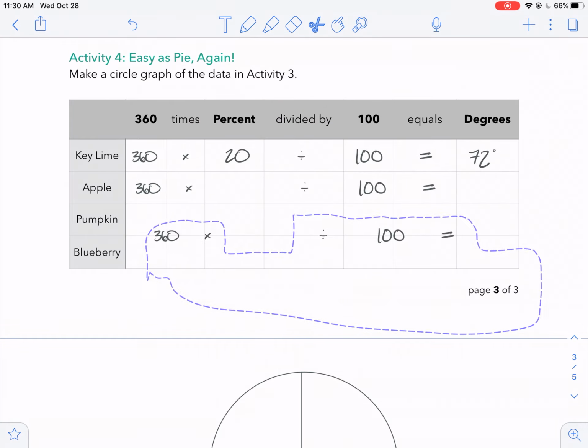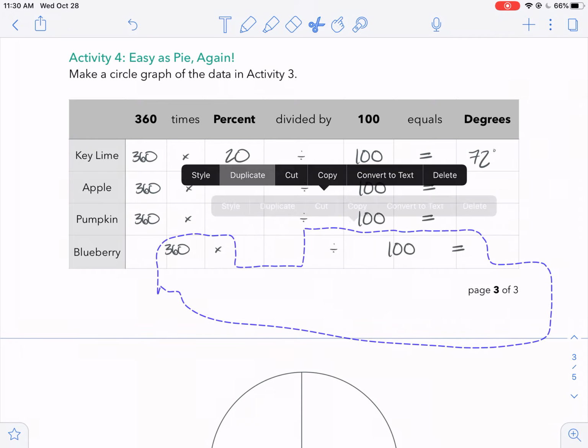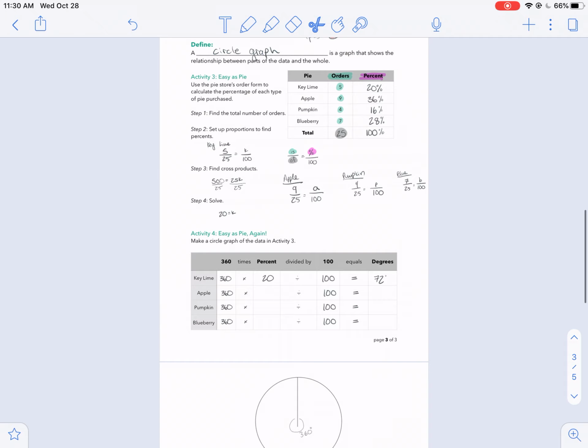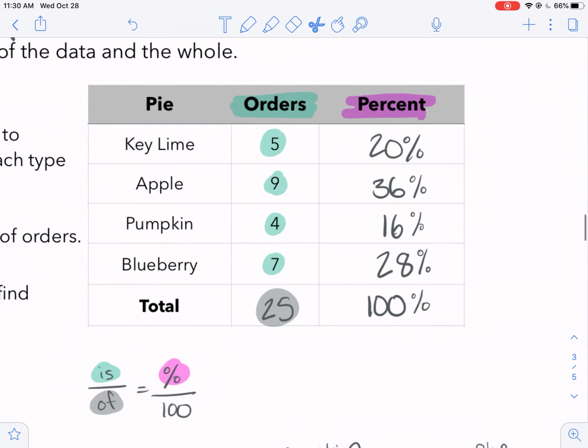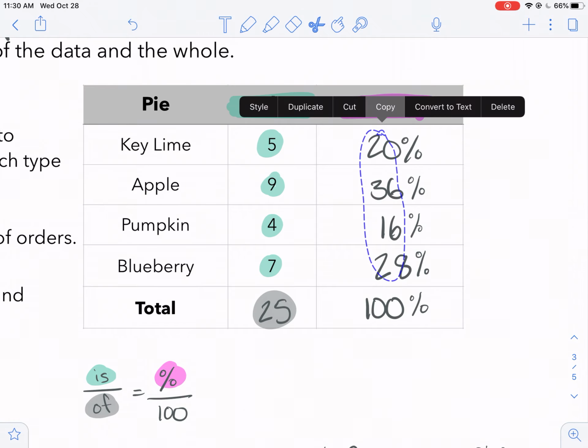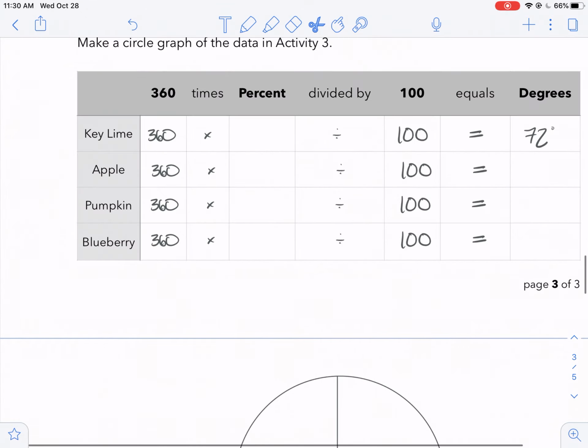So we'll take this pattern and copy it for all of our squares. And then we need to take what their percentages were and copy them into our percent part. Here we go, we got it.